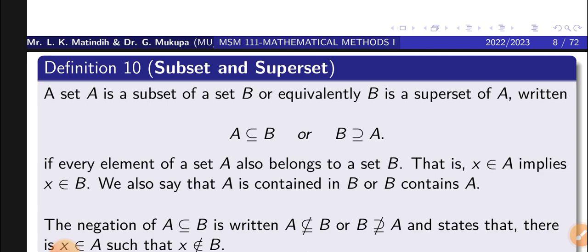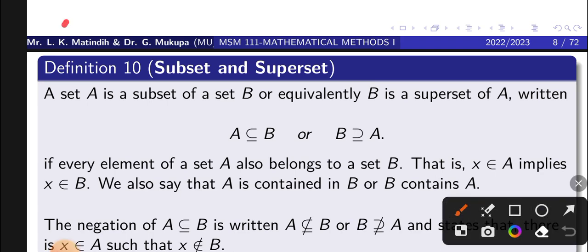I'll say that again. If every element of set A also belongs to set B, that is, x is a member of A implies that x is also a member of B, we also say that A is contained in B, or B contains A. So what this means is that we can have a set like this.